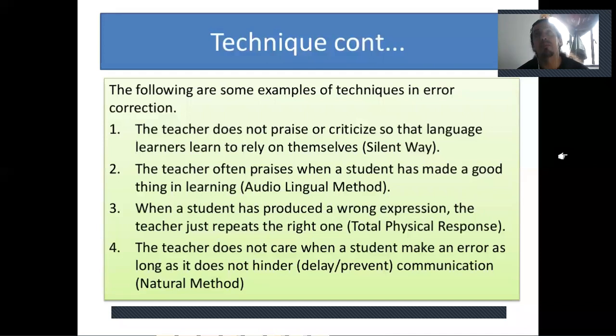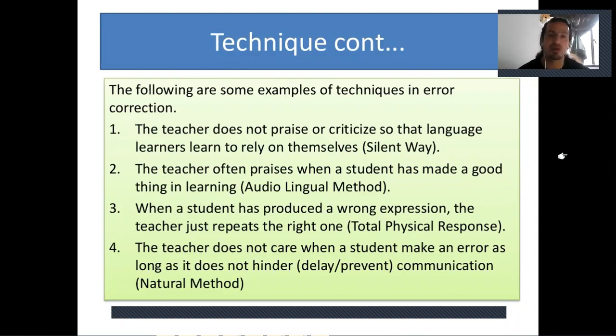You can interrupt a student, but there are going to be some special moments in which you're going to interrupt the students. If it is the silent way, you're going to make, for example, some symbols or some movements, right? But it's not going to be interruption. That is going to be just guidance in the end, right?